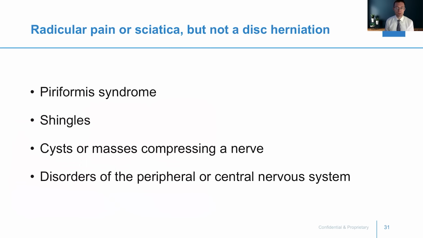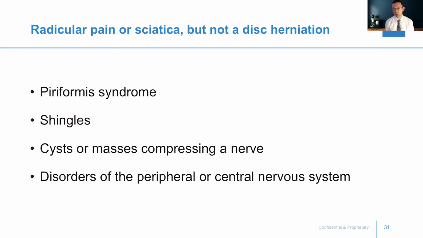It's important to keep in mind that the symptom of pain shooting down the leg, while it's most commonly caused by disc herniation, spinal stenosis, or related problems, can be caused by many other underlying disease processes. One of the more benign of these is piriformis syndrome, in which a spasmed buttock muscle can irritate the sciatic nerve at its exit point from the pelvis and cause pain shooting down the leg.